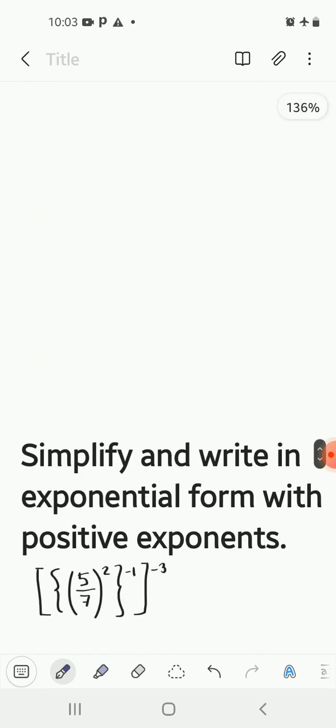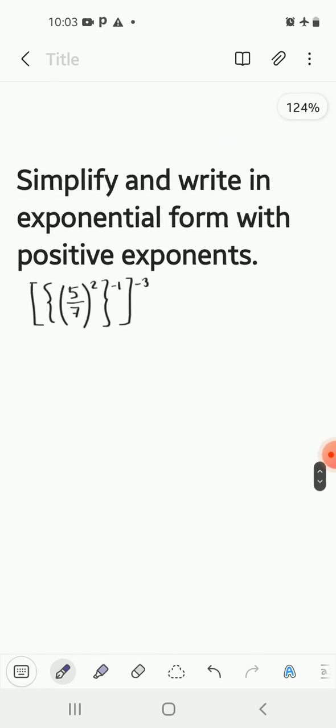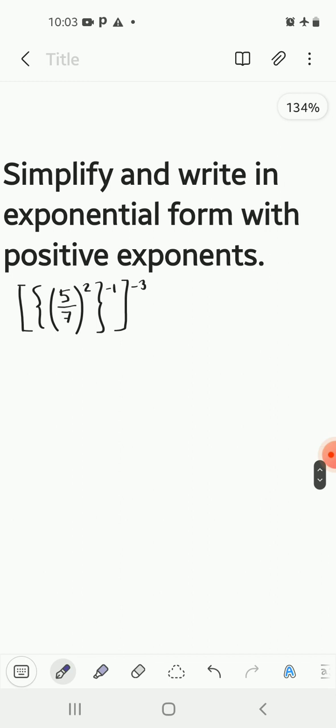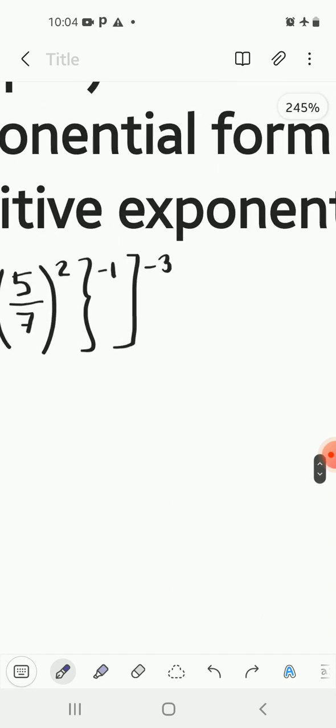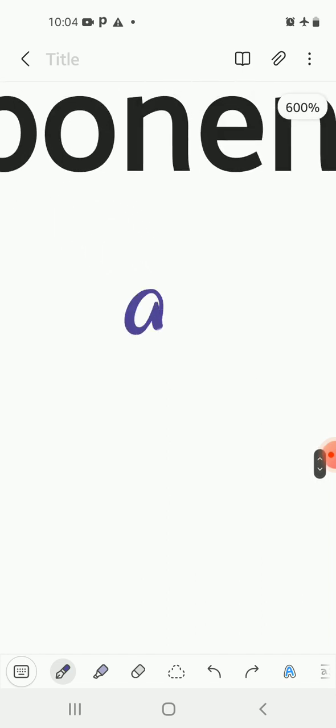We will move to this question. Simplify and write in exponential form with positive exponents. Exponential form, we don't have to simplify the answer. This is given, and it is similar to this law.